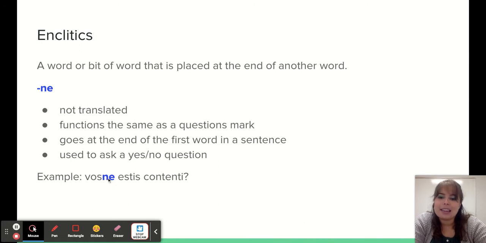But with the ne, that's telling us it's asking a question. Vos ne estis contenti is asking, are y'all content, or are you all satisfied? That's all that it does, it just clues you in that the sentence is going to be a question, so make sure you translate it that way. So, are you satisfied?